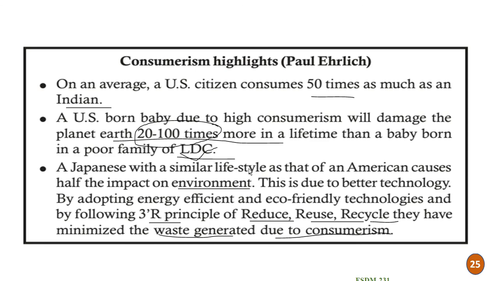And as compared to the Japanese, these Japanese with a similar lifestyle as that of America cause half of the impact on the environment, and this is due to better technology, adopting energy efficient and eco-friendly technologies, and they follow the 3R principle, that is reduce, reuse and recycle. They have minimized the waste generation due to this consumerism. So these are some of the highlights of the study of consumerism.